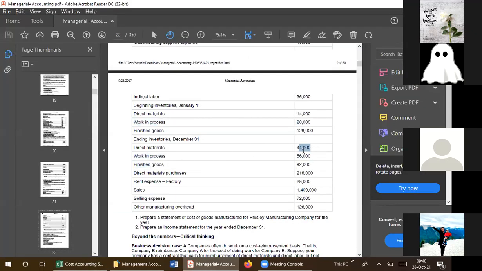Work in process on December 31st is 56,000.